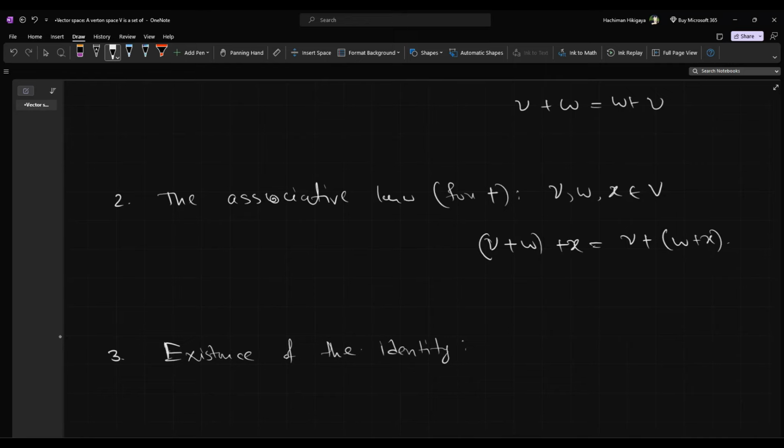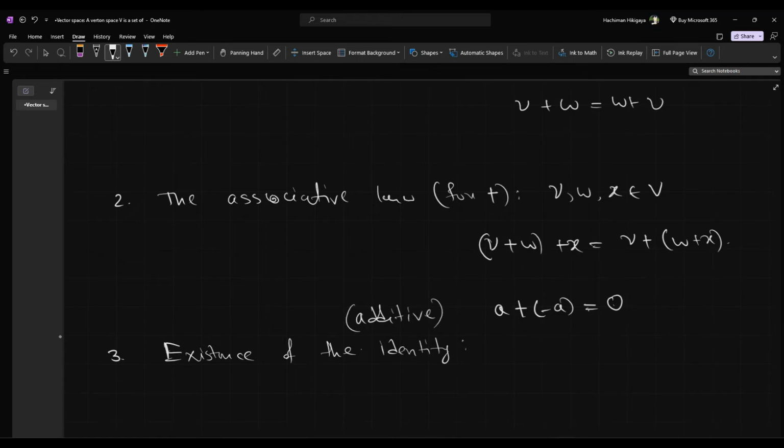If you take an element and its inverse and add them, it gives you the identity 0, but we haven't defined the inverse yet, we'll do that in a little bit.